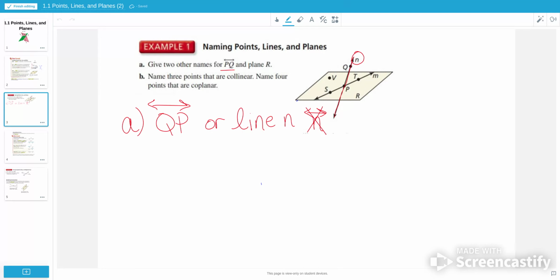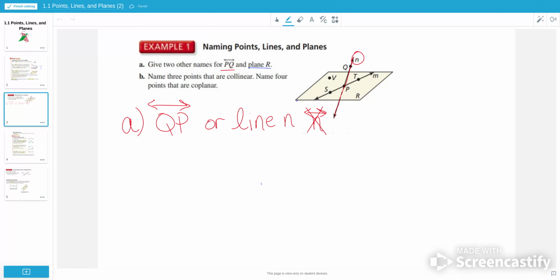For the second part, to name plane R, so for a plane, you need 3 points, and 3 points that are not on the same line. So I could say plane R, which is how they used it. I could not say plane M, because M is associated with that line, and it's a lowercase letter. So I have to use 3 points, and they cannot be on the same line.